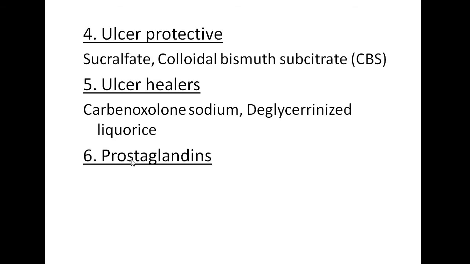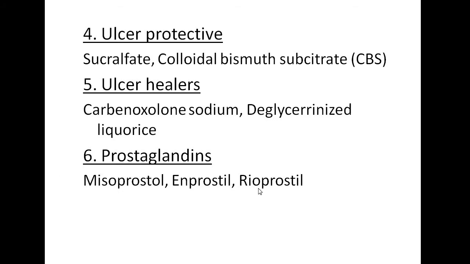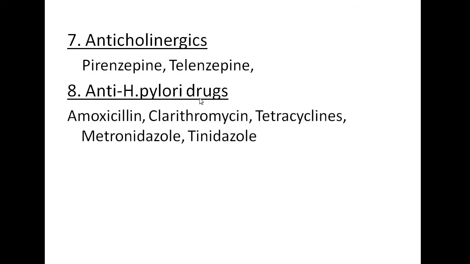Then we have the prostaglandin analogs which stimulate gastric mucus production, that is misoprostol, enprostil and rioprostil. Anticholinergics not very frequently used include pirenzepine and telenzepine. And an important group of anti-peptic ulcer drugs include the anti-H. pylori antibiotics, namely amoxicillin, clarithromycin, metronidazole, tinidazole, and the tetracyclines.